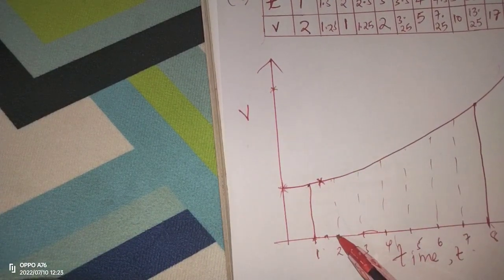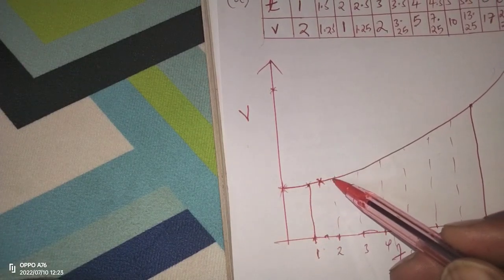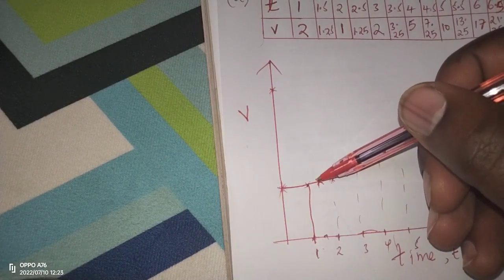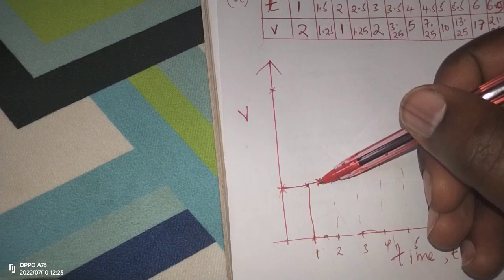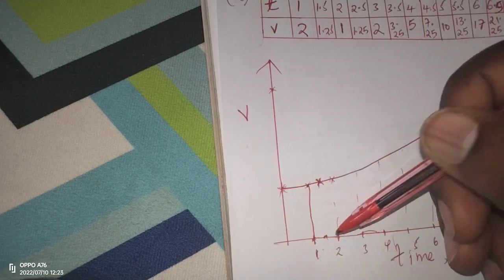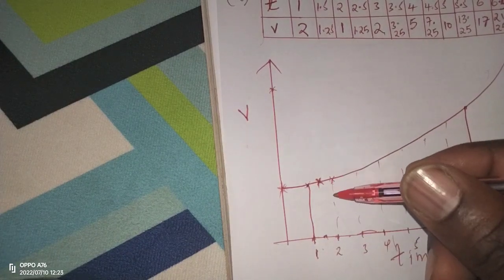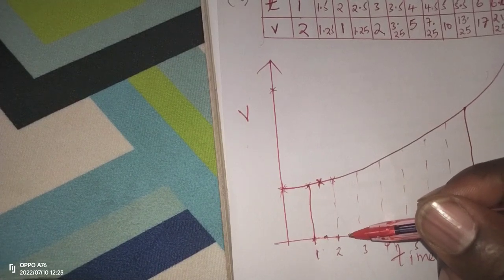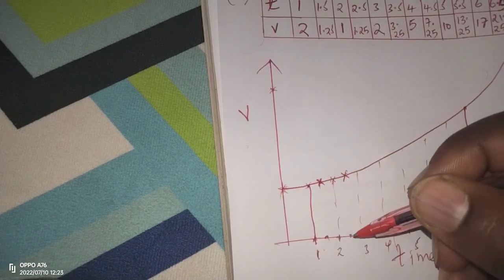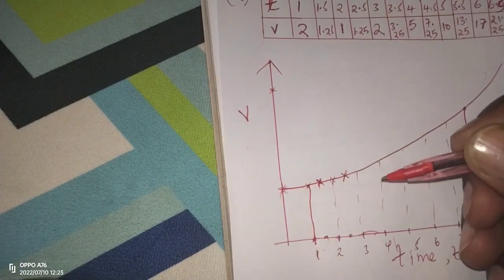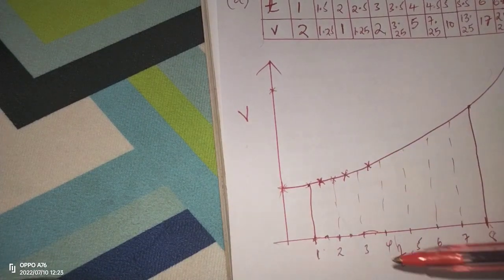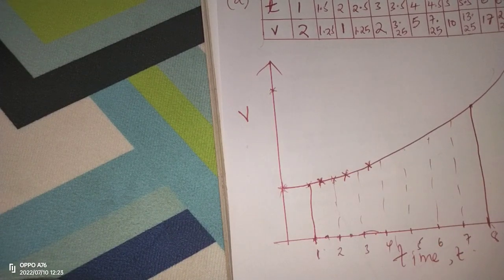We have the first height and the last height in the strip, but we are concerned with the height at the mid, because we are using the mid-ordinate rule. Therefore, we use the value of v when t is 1.5, and for the second strip, where t at the center is 2.5, we use the value of v when t is 2.5. When t is 3.5, we consider the value of v. So in simpler terms, we are getting the heights of these strips at the mid of each strip.